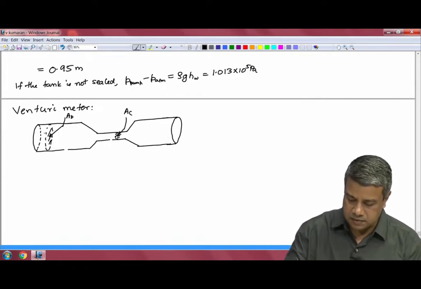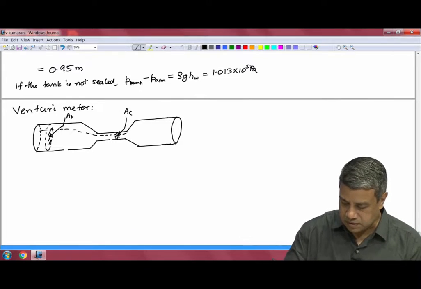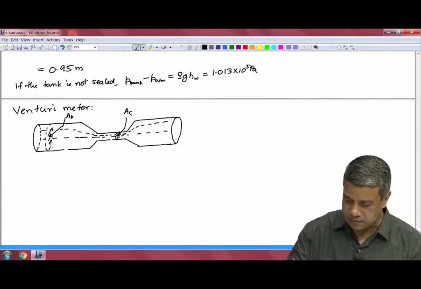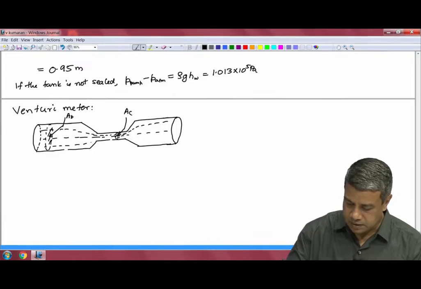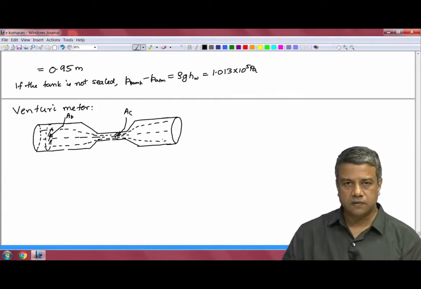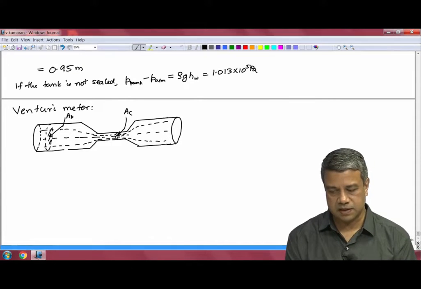And obviously, as the water flows through, the streamlines have to bend as it goes through the contraction. Since the cross sectional area is lower in the contraction in comparison to the rest of the pipe, the velocity is higher. The flow rate has to be the same between the contraction and the pipe at steady state.